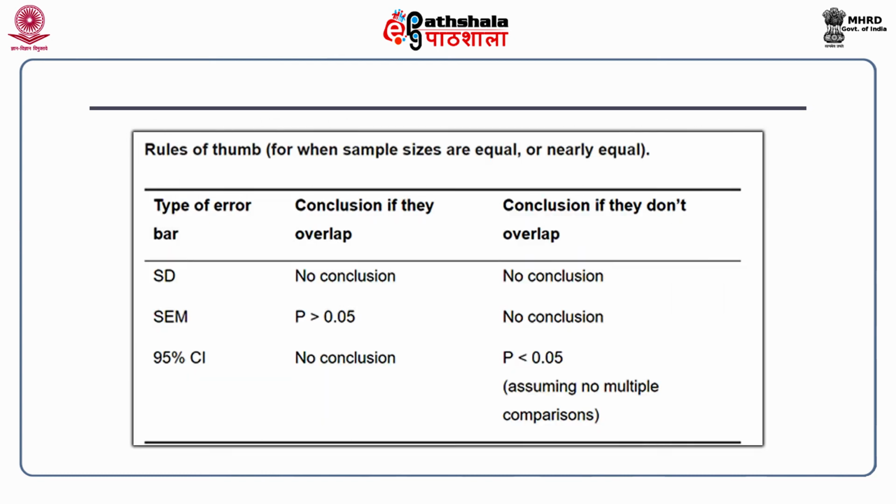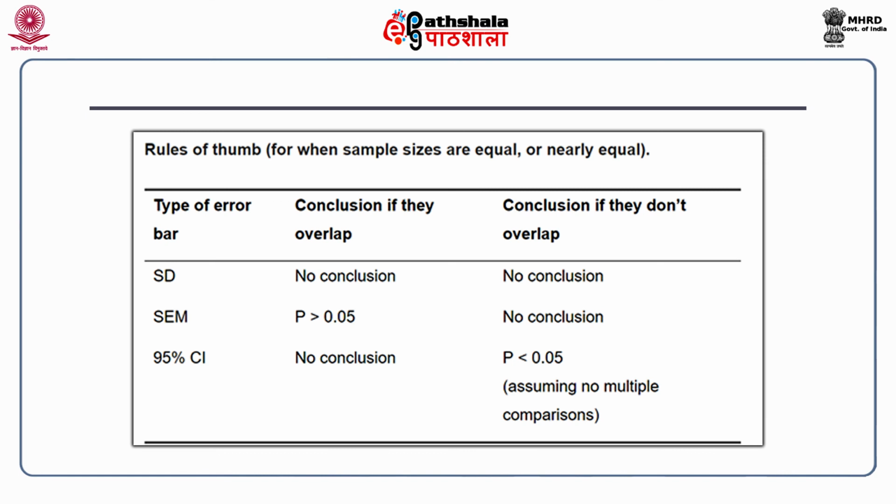So the rule of thumb is that when the sample sizes are equal or nearly equal, in the case of standard deviation, if two standard deviations overlap, no conclusion. If two standard deviations do not overlap, again no conclusion. Why? Because standard deviation is not a measure of the precision of your sample statistic.